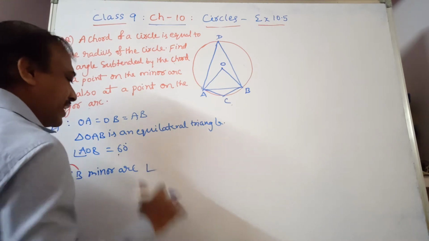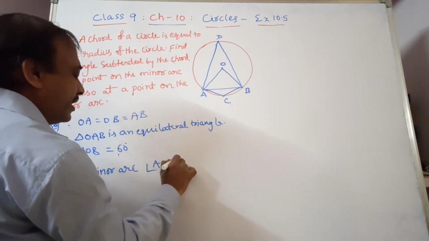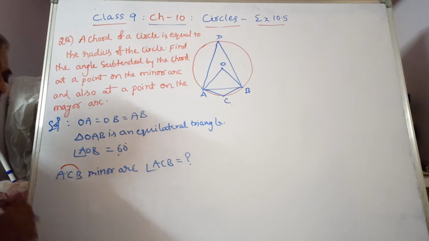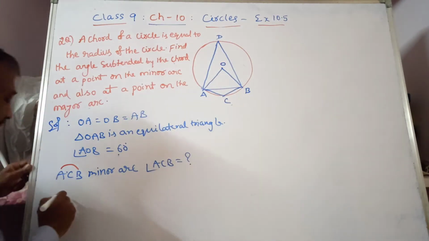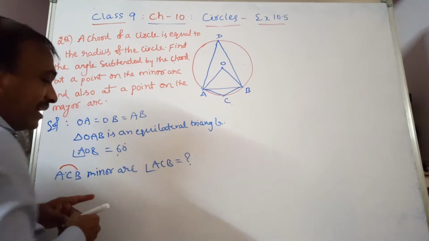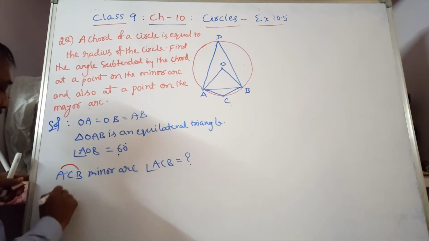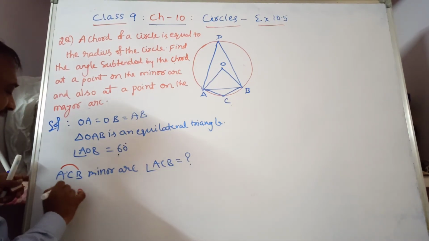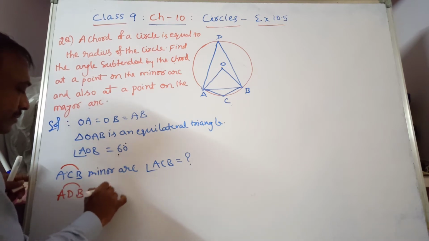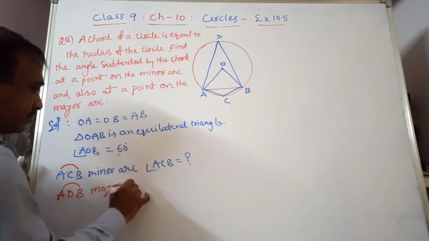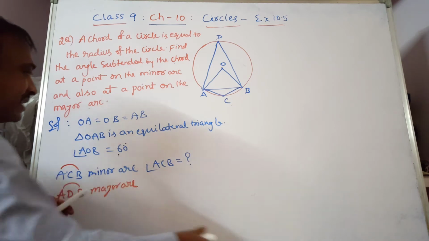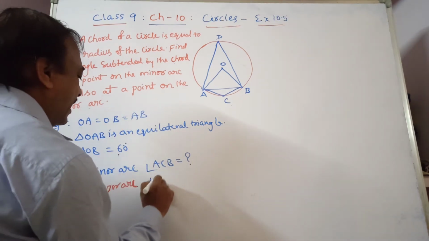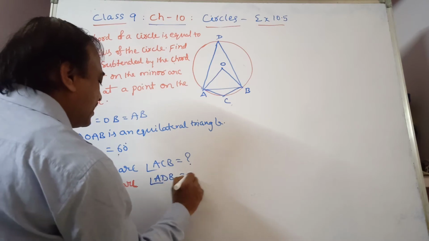We have to find out angle ACB is equal to question mark, and ADB is the major arc. So we have to find out the angle on the major arc, angle ADB is equal to question mark.